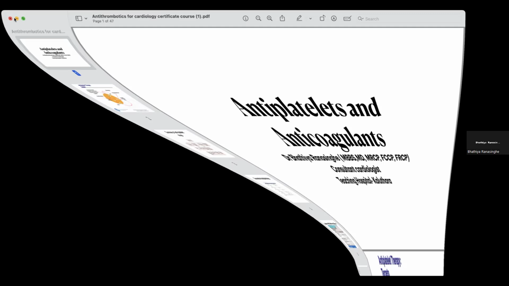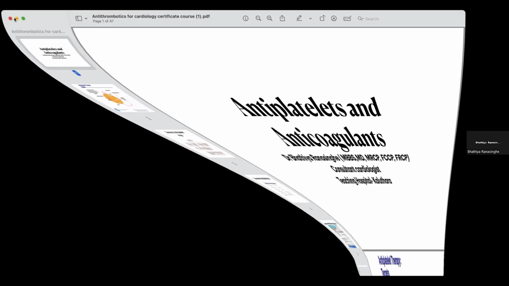And also there are P2Y12 receptor blockers, like the ones that I have mentioned, clopidogrel, prasugrel, and also ticagrelor. And also GP2B/3A receptor inhibitors and phosphodiesterase inhibitors. So there are four classes depending on the mechanism of action.